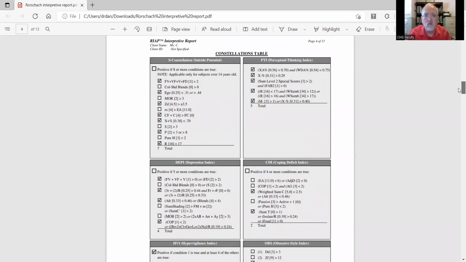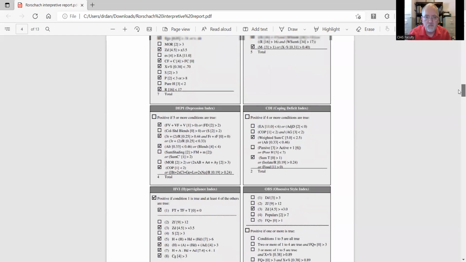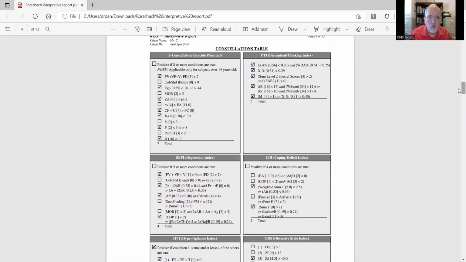These are the constellation tables, and this is really where you get to the process of interpreting what you've got.